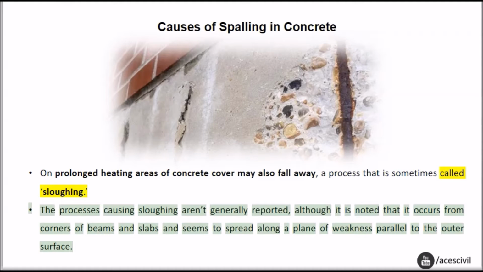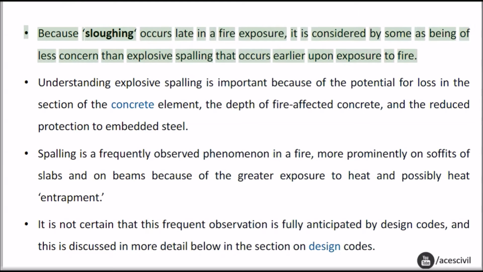The processes causing sloughing aren't generally reported, although it is noted that it occurs from corners of beams and slabs and seems to spread along a plane of weakness parallel to the outer surface. Because sloughing occurs late in a fire exposure, it is considered by some as being of less concern than explosive spalling that occurs earlier upon exposure to fire.